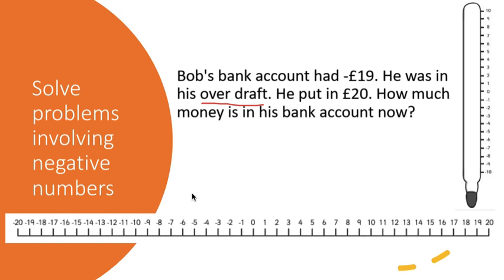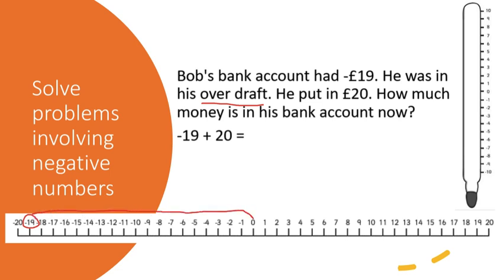So, he did have -19, but he put in £20. He added £20 to it. So if he's adding £20 to it, we know we're going to be up the scale, adding to it. -19 plus 20. I can do a huge jump to the 0.